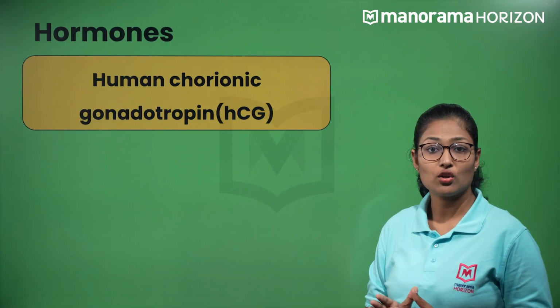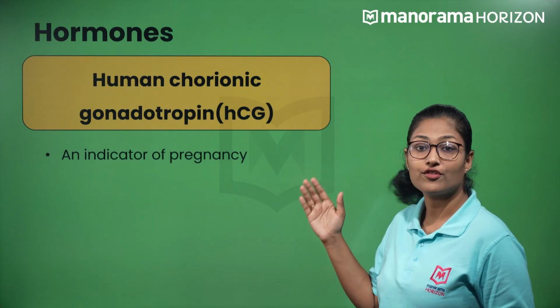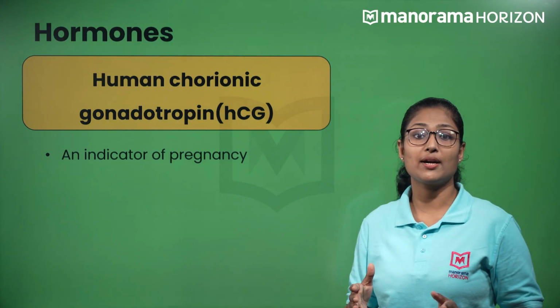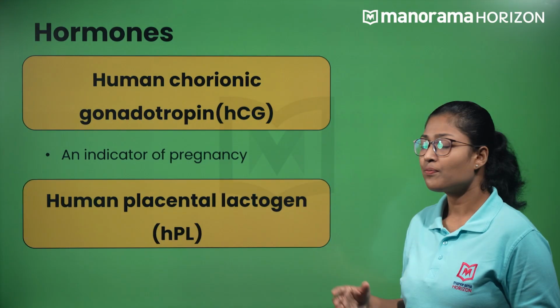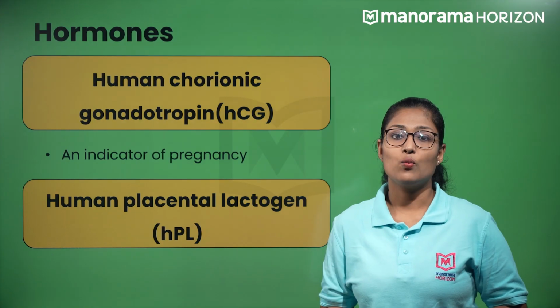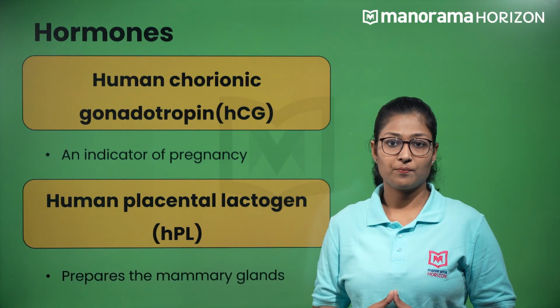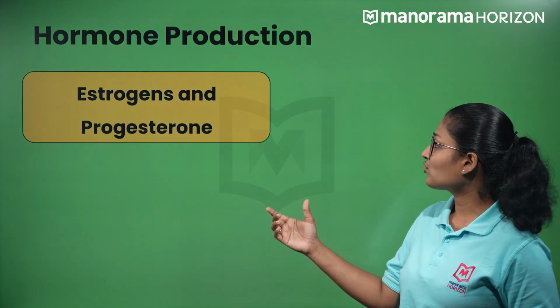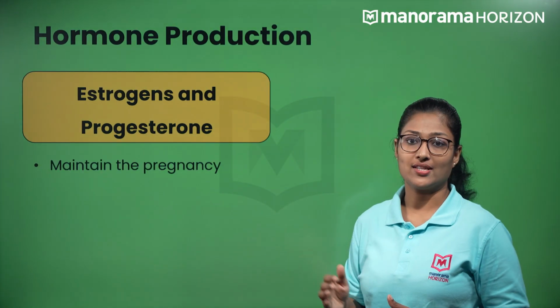Human chorionic gonadotropin, that is the HCG, is the indicator of the pregnancy and it is detected by the home pregnancy test. Another hormone is the human placental lactogen or the HPL, which prepares the mammary glands for the production of milk. Estrogens and progesterone are required to maintain the pregnancy.